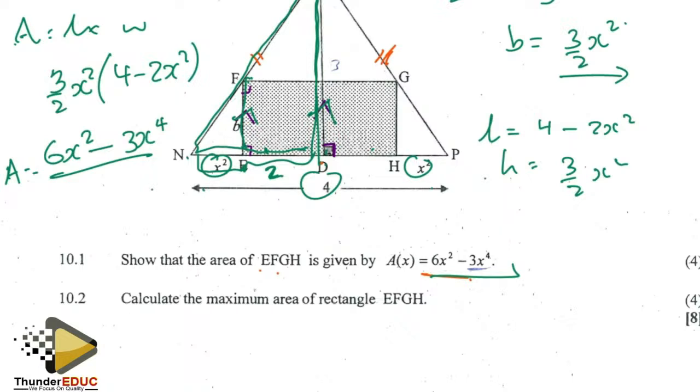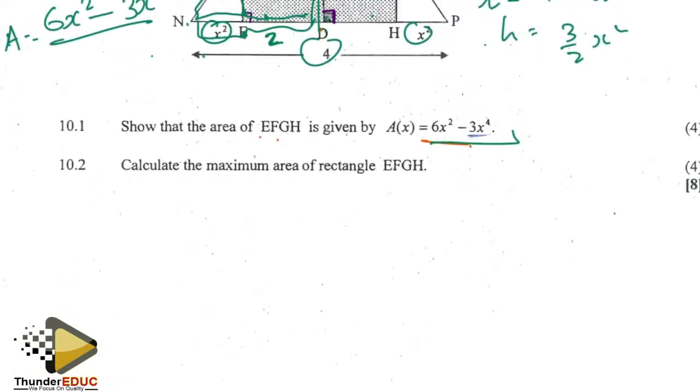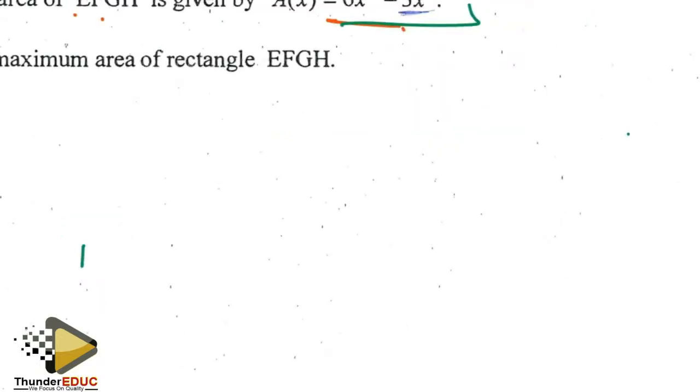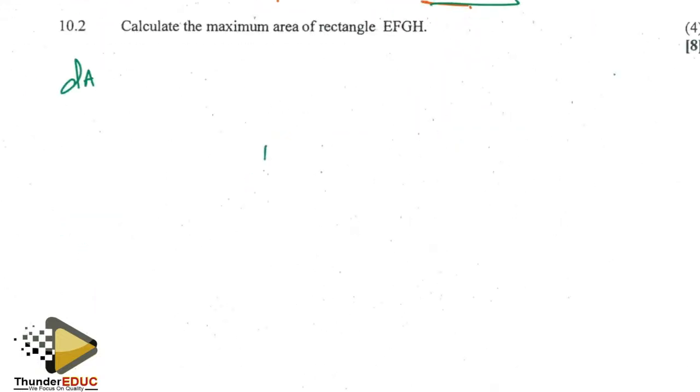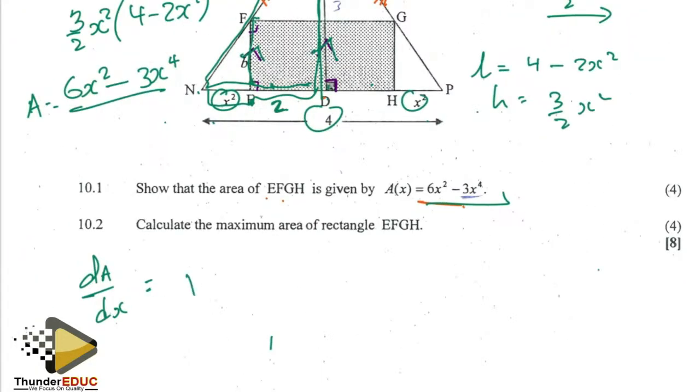Okay, then calculate the maximum area for the rectangle. So for maximum area, we need to find the derivative dA by dx. So that's going to be 12x minus 12x cubed. Then I'm going to equate this to 0.